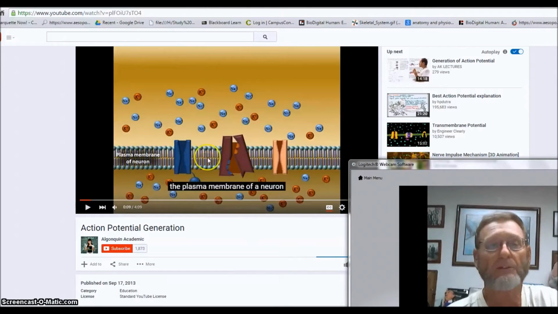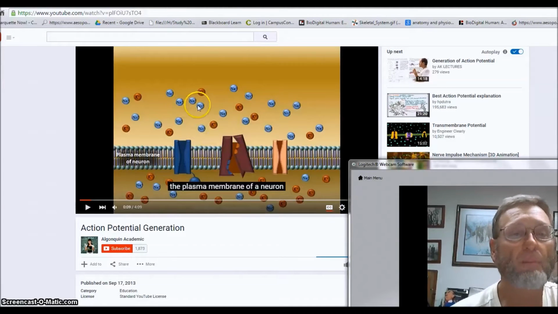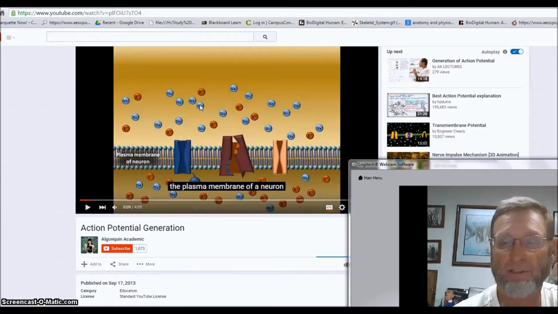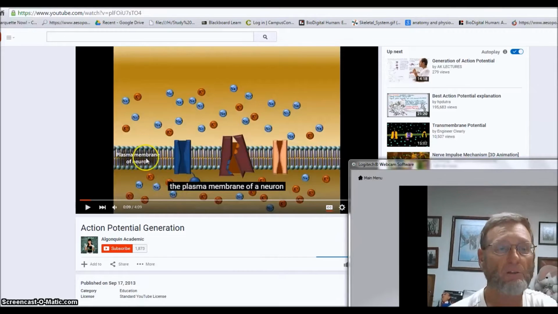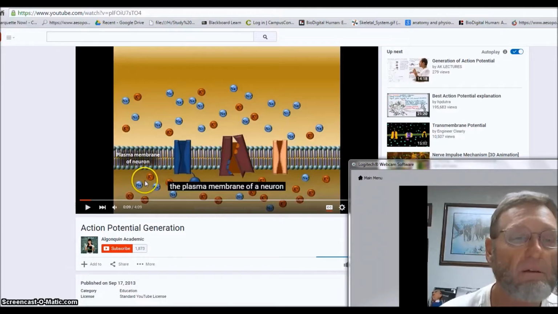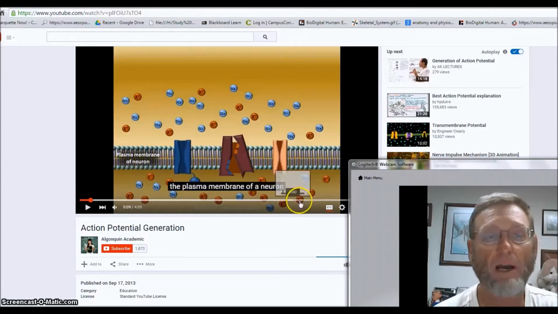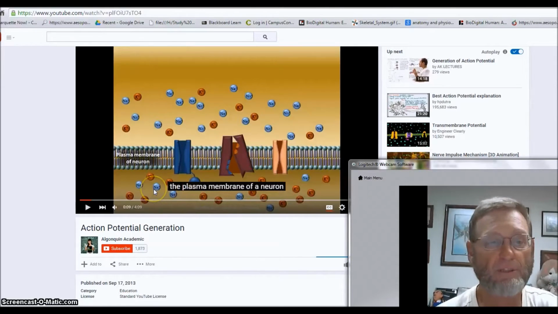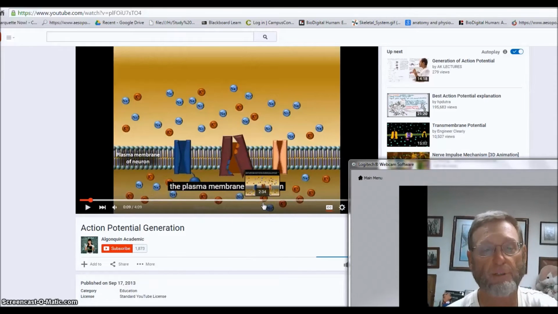What we have is sodium ions at high concentrations outside the cell in the interstitial fluid. This part below at the bottom of this diagram represents the inside of the cell across the plasma membrane. And in this case, we have higher concentrations of potassium inside and low concentrations of sodium.